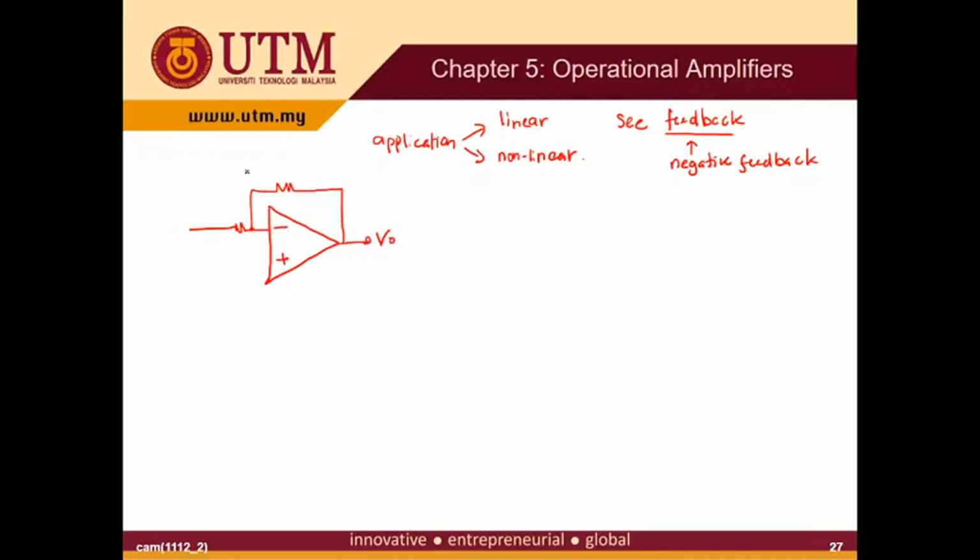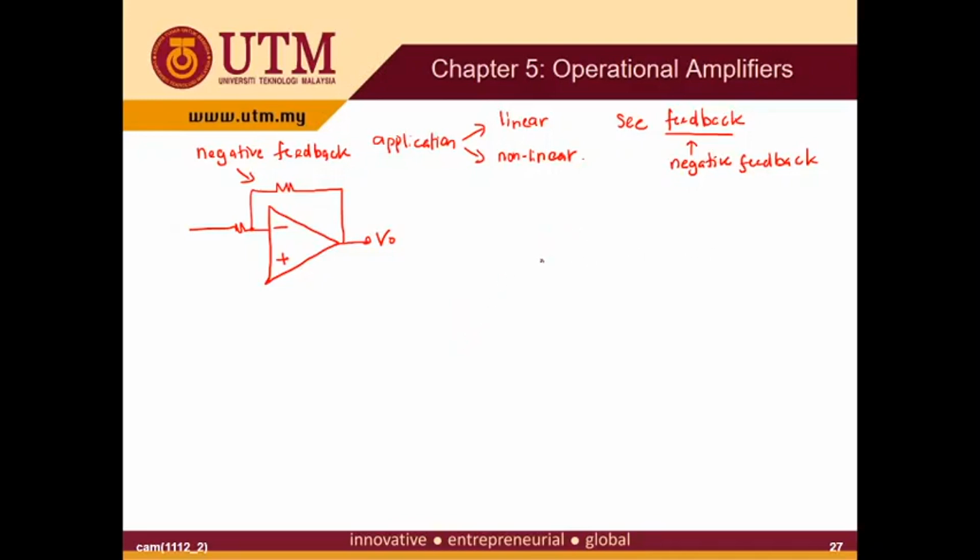This is what we call a negative feedback. If the circuit has a negative feedback, the op-amp is most likely to operate in the linear operating region.